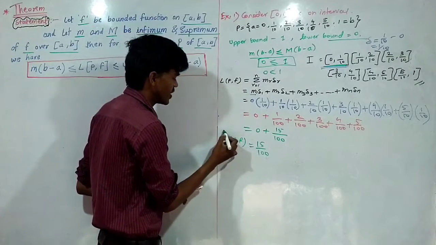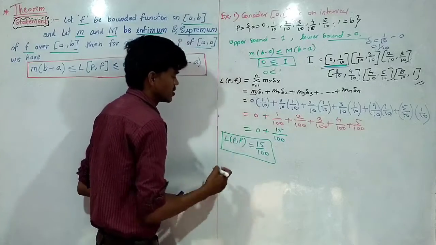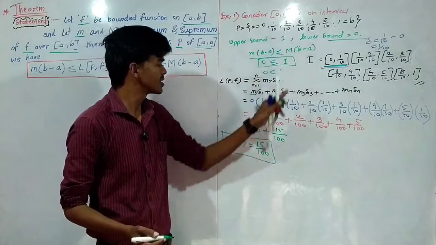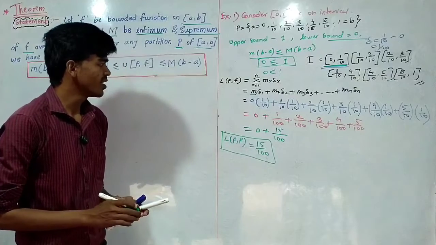The lower sum of this particular partition is 15 by 100.